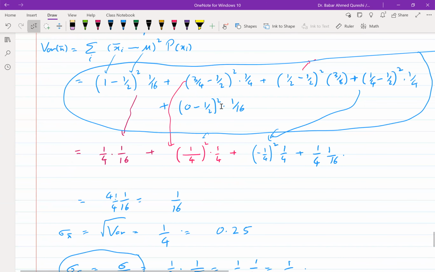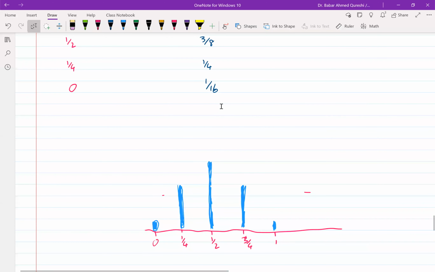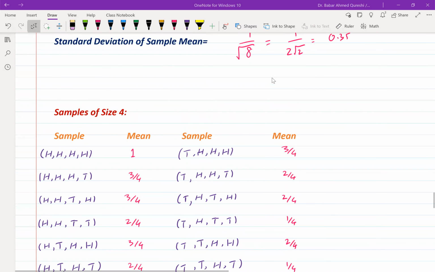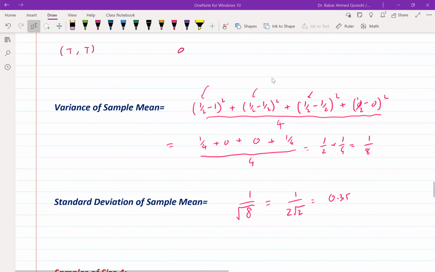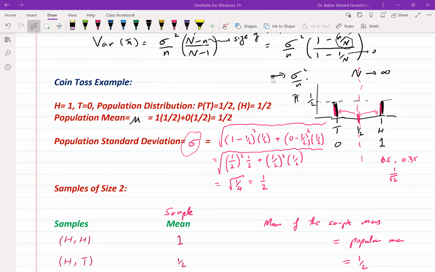Now, in this case, because everything is known about this problem, we know the population probability density exactly. Well, that I computed up here, the population mean. See over here.